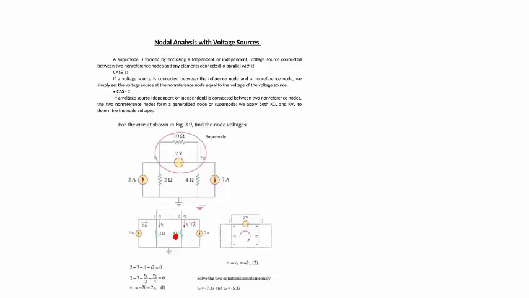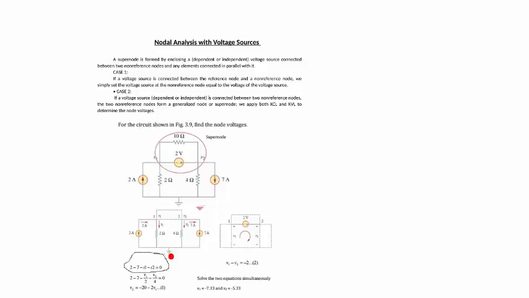In this case, for both of these two nodes, the sum of current entering is only 2 amps, and the sum of current leaving is I1, I2, and 7 amps. So this is given as one equation.